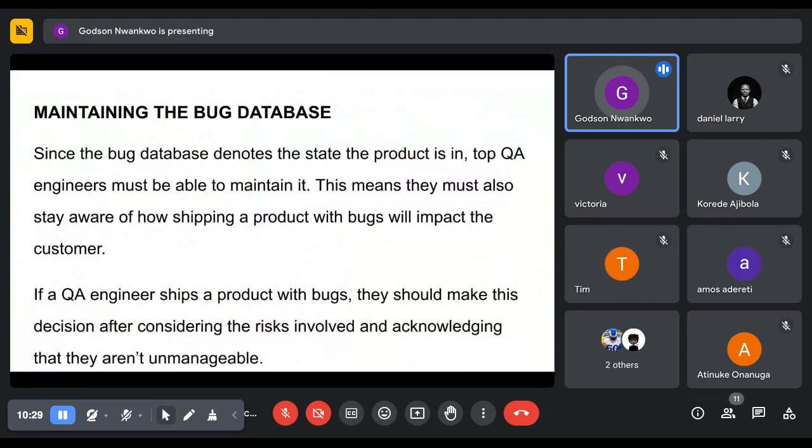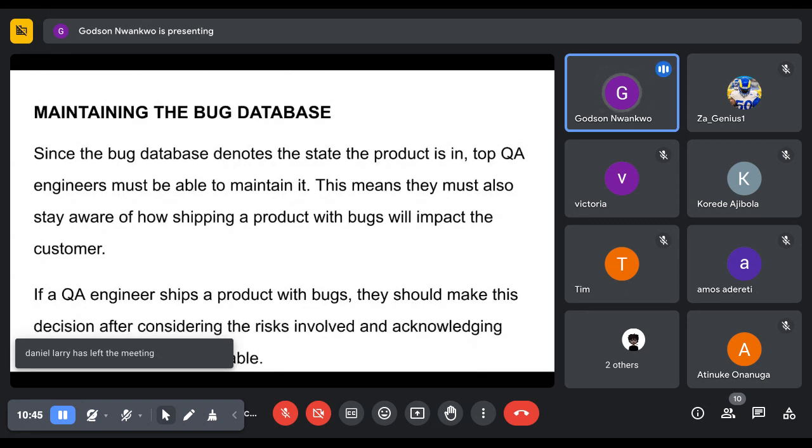When it comes to maintaining the bug database, as a good QA engineer, one of the hard skills you have to know is maintaining the bug database, which involves knowing the state of the software development phase, based on the tool that the project or the organization is using.